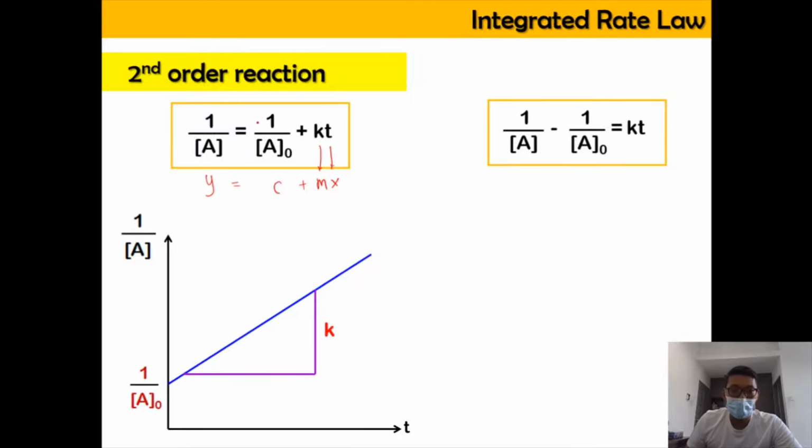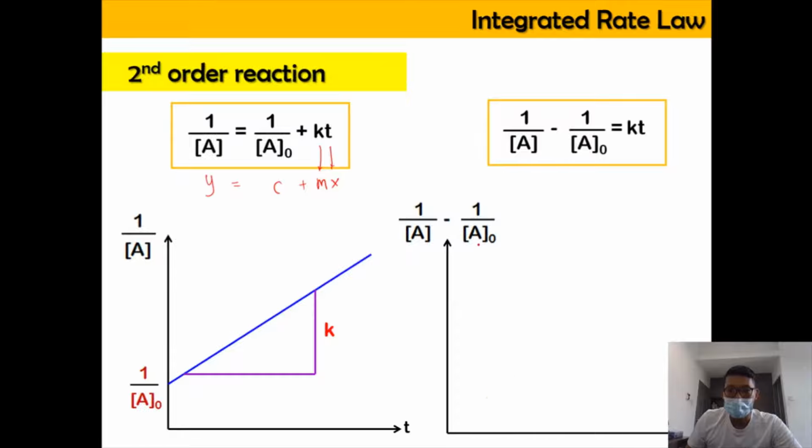Alternatively, you can bring 1/[A]₀ to the left-hand side and also create a graph based on y = mx. However, we often use this one because it gives us the intercept.